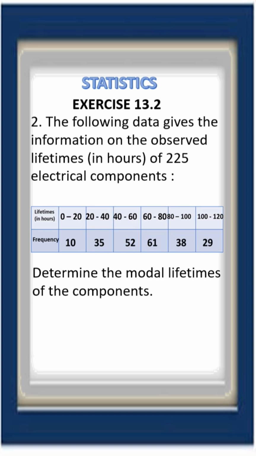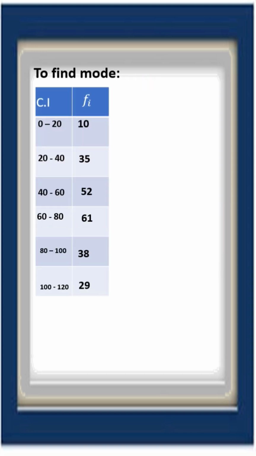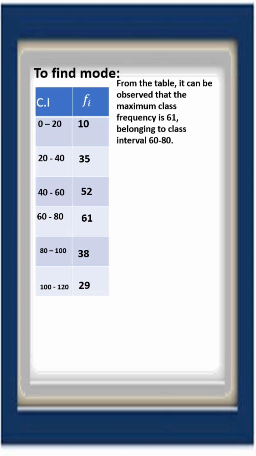Let us write the class interval in the first column and the frequency in the next. From the table it can be observed that the maximum class frequency is 61, belonging to the class interval 60 to 80. Therefore the modal class is 60 to 80.